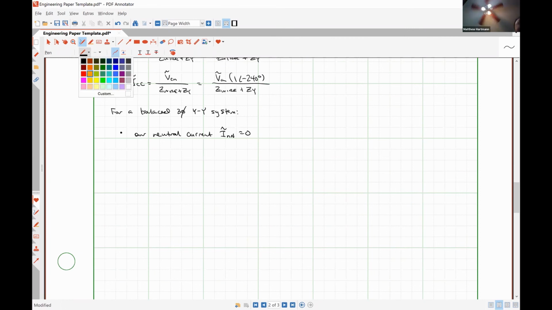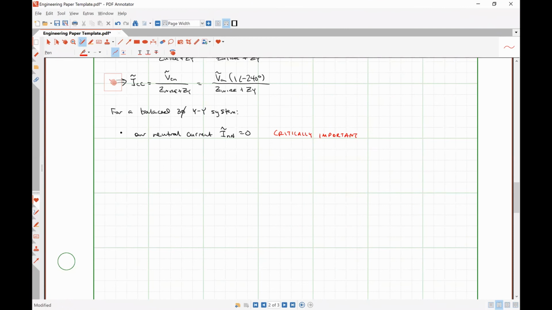And this is, again, critically important that we keep this in mind in our analysis.